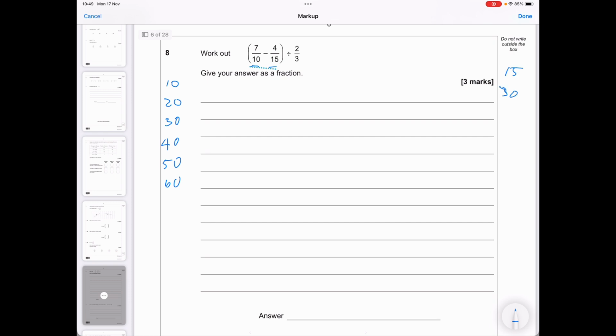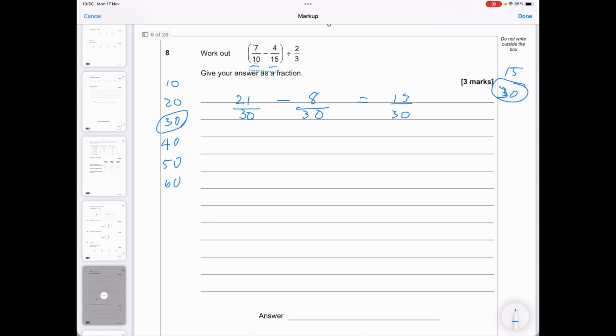Well, we don't need to go that far, so 30. Put 30 there, put 30 there. 10 goes into 30 3 times, 3 times 7 is 21. 15 goes into 30 twice, 2 times 4 is 8. And that leaves you with 13 over 30.